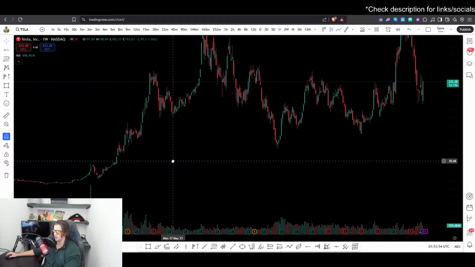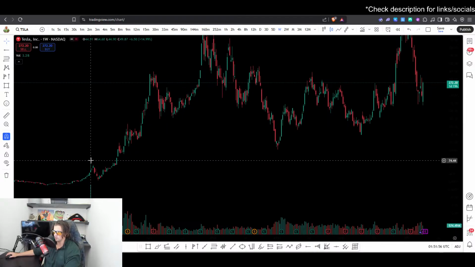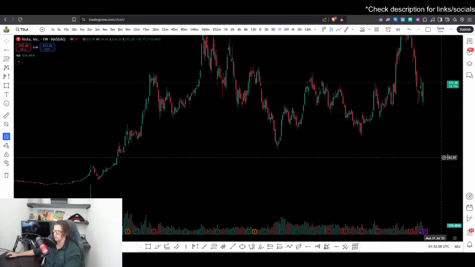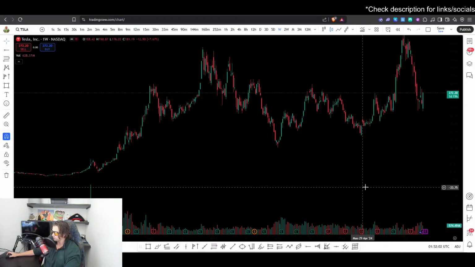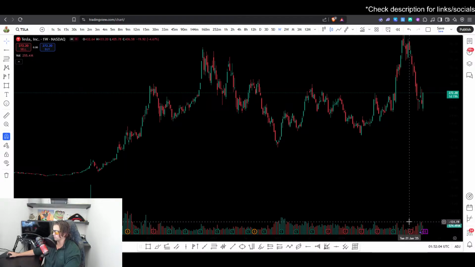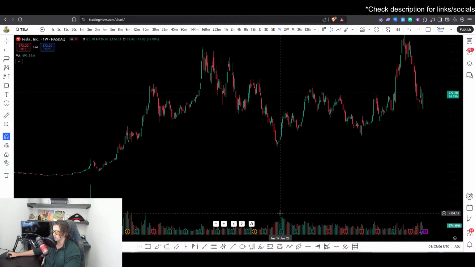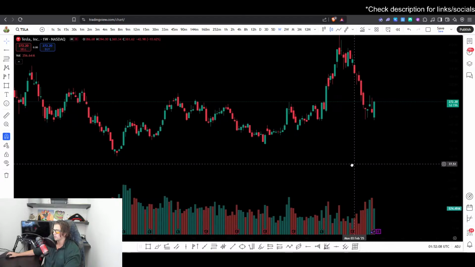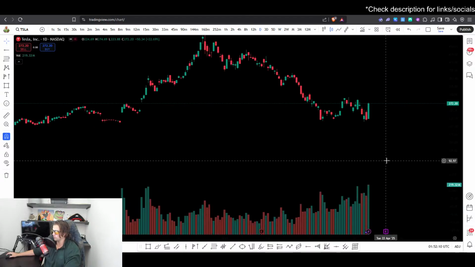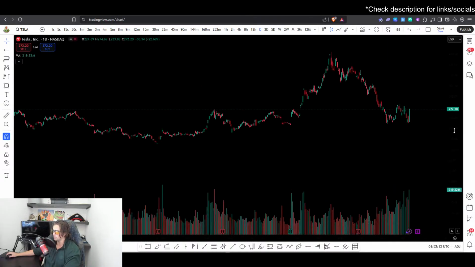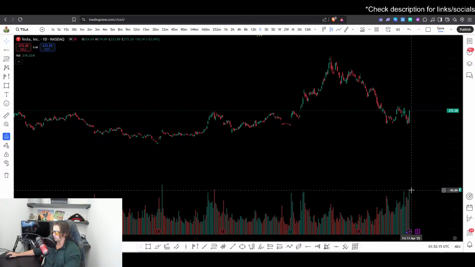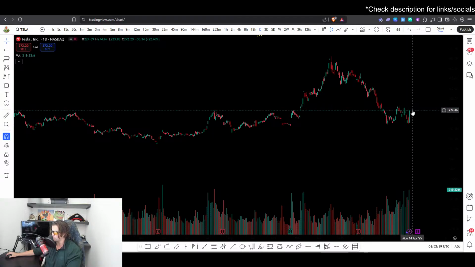You can see that back here on COVID, right after COVID, that's the highest amount of volume we had. We haven't had a lot of volume over here since back in 2023. But like I was saying earlier, if we look at a daily chart again, you'll see that we had a big spike in volume and we went up in price.